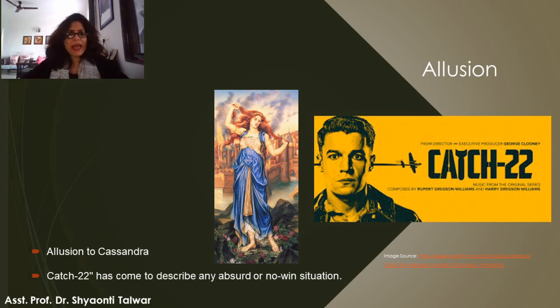But then something happened, and Apollo was very angry with her over something, and he took back this gift that she had. He didn't take back the gift, but he told her no one will believe her if she says anything now. So, what happened was Cassandra was in a kind of fix because she would keep prophesying and no one would believe her, right?